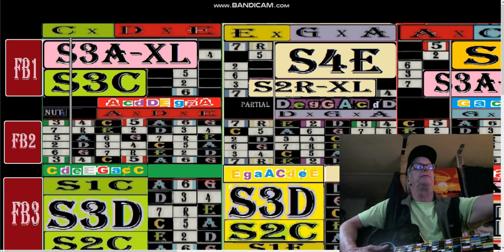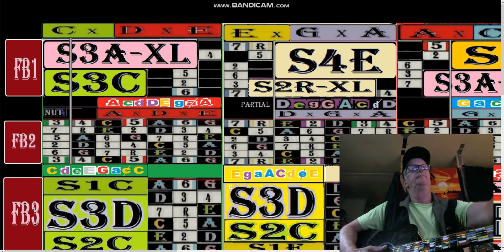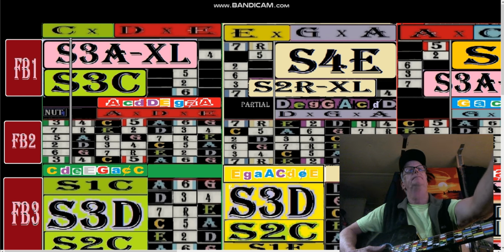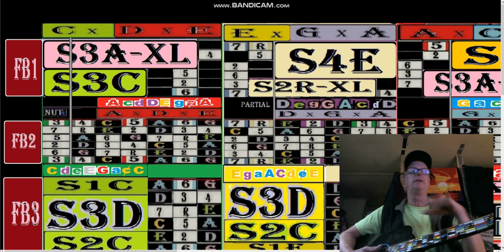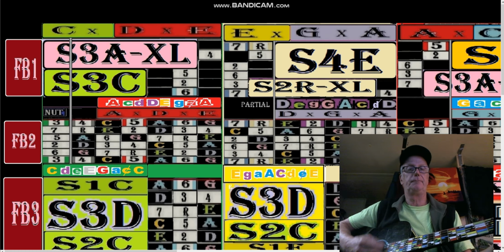So in other words, if you got something going on down here, like that, following the root pentatonic, diatonic.